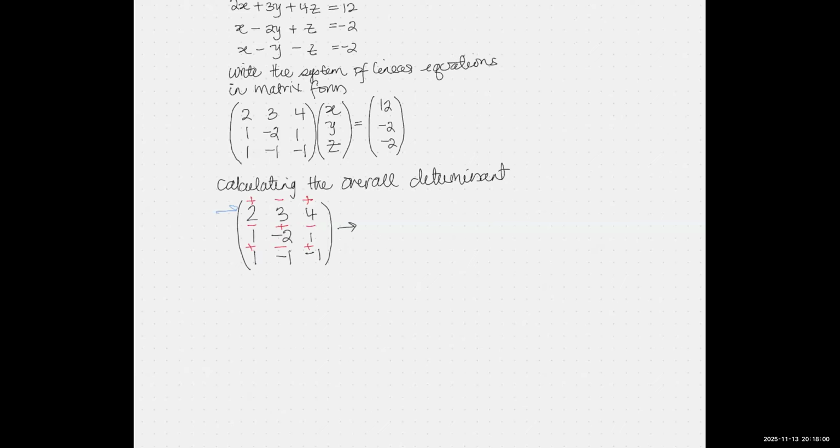I can use the first row. I can use the second row. I can use the third row. I can use the first column. I can use the second column. Or I can use the third column.